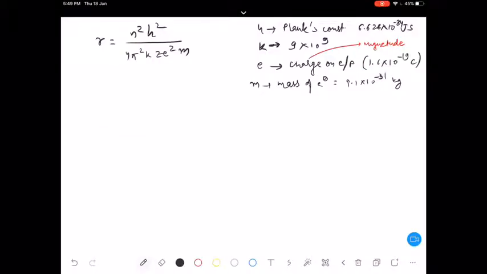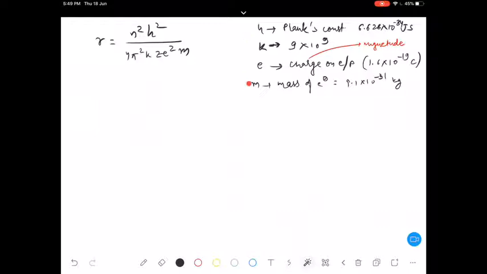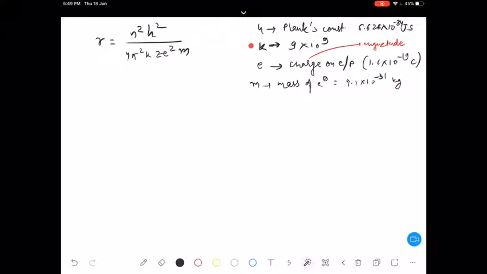So guys, just tell me, we know the value of all these things. If I put all these values here, they will be the same for any element which you take, correct?